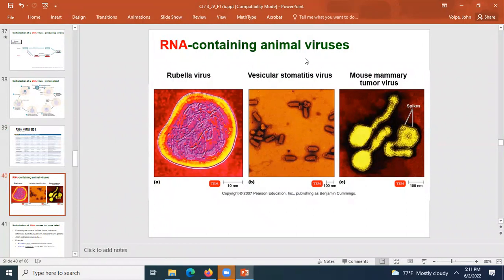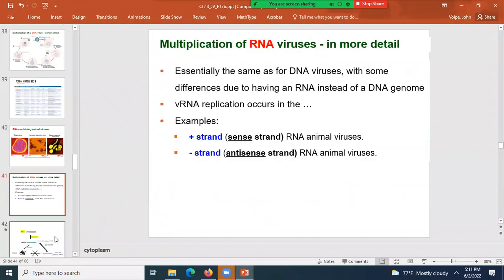Like there are plant RNA viruses that only infect plant cells. And these are just showing you some of the RNA viruses, not terribly important. The multiplication of RNA viruses is essentially similar to that of DNA viruses, but understand there are some differences due to having RNA as the genome instead of DNA.